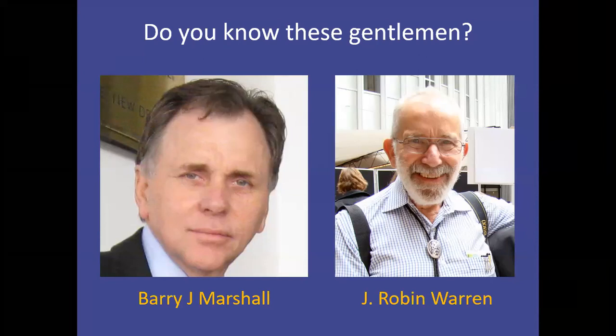This was against the norm. All the standard textbooks and physicians throughout the world believed that it is basically acid secretion. They showed, with evidence in their paper, that they had cultured the microorganism H. pylori from the stomach, but all the significant journals of the world rejected their paper.